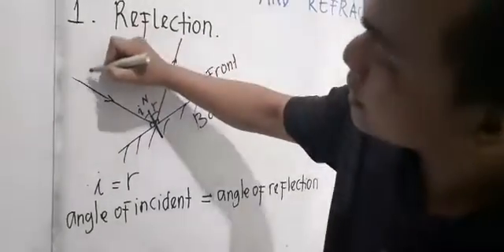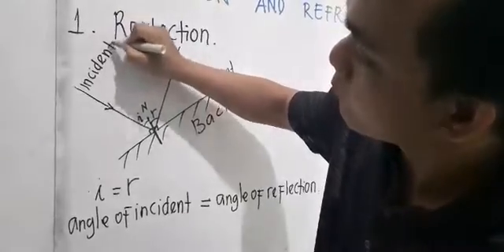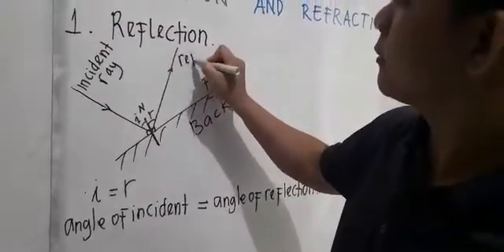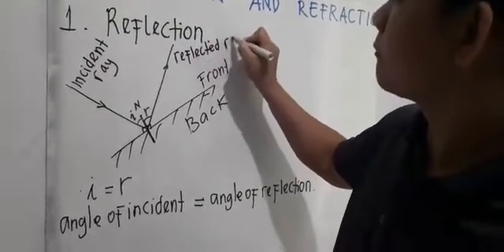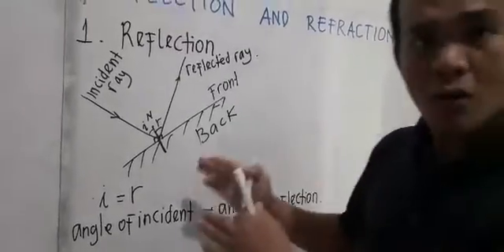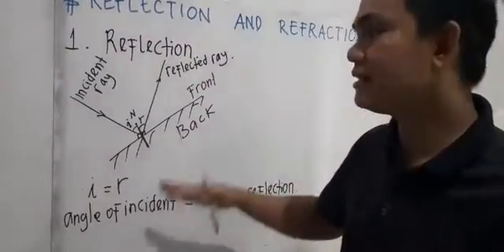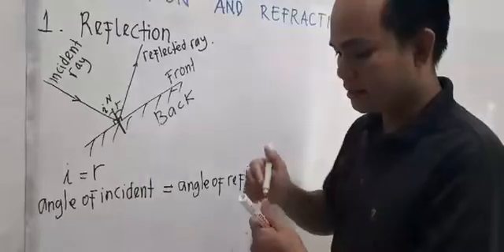This is the incident ray, and this is the reflected ray. So the law of reflection is that the incident angle is the same as the reflected angle.